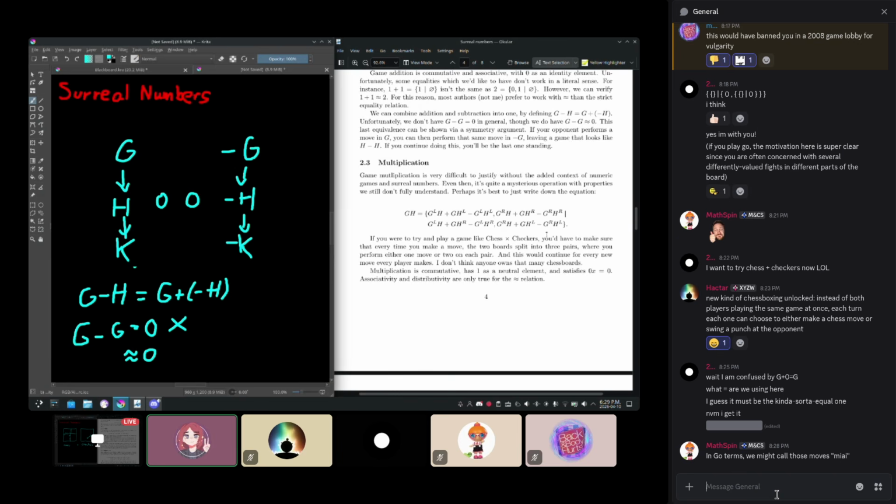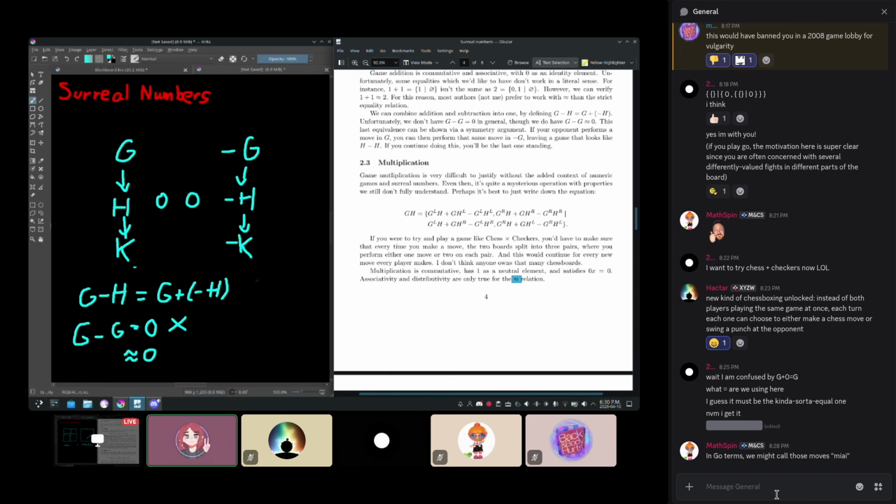You do have some things. You do have commutativity. You do have G times 1 equals G. You have 0 times G equals 0. But associativity and distributivity are only true up to order equivalence. So it's already not great. And then it's even worse because multiplication doesn't actually respect this order equivalence relation.